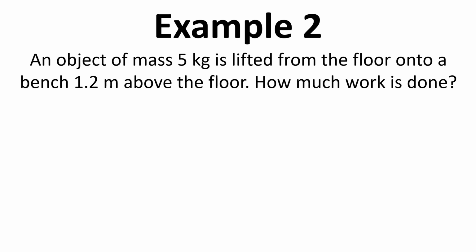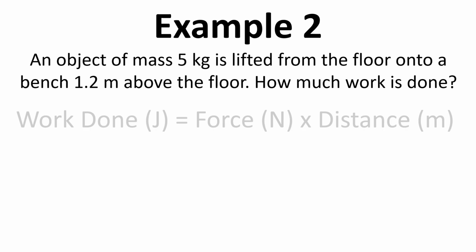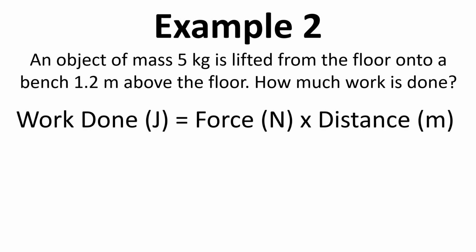Okay, so here's another example. An object of mass 5 kilograms is lifted from the floor onto a bench 1.2 meters above the floor. And again, the question is how much work is done. So we have work done equals force times distance. The force in this case is mass times acceleration.